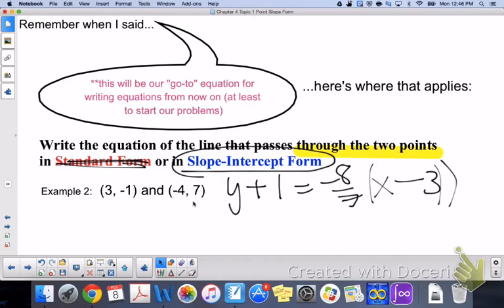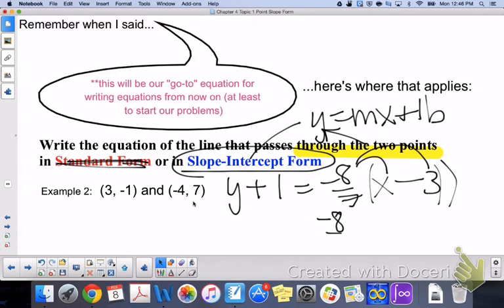Okay, so what we're going to do, slope-intercept form, remember, is y equals mx plus b. Y has to be by itself. Okay, so you're going to distribute negative 8/7 times x, negative 8/7 times negative 3 is plus 24 over 7.